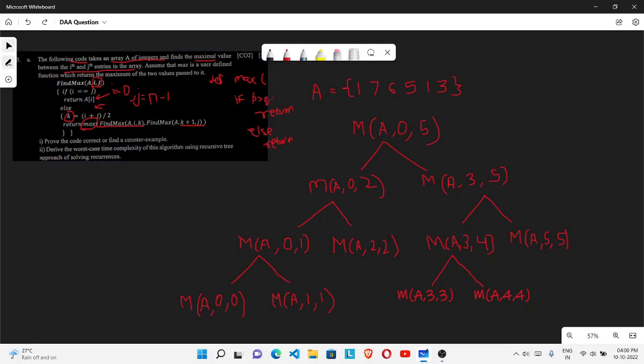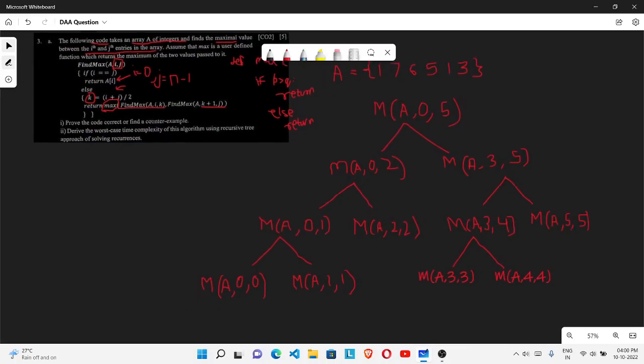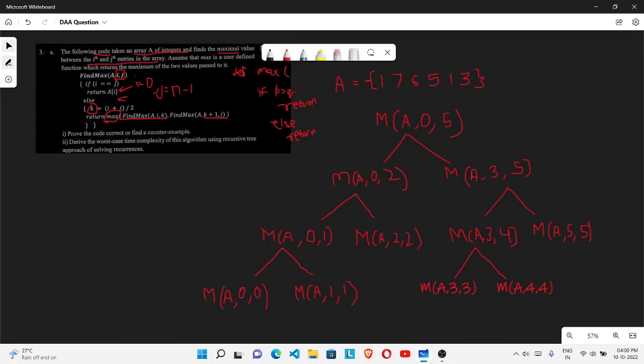By the way, I forgot to mention that I am considering this find max as m. I'm sure you would have noticed anyway. So m of a, 3 and 5. Then this 0 to 2 again gets further divided. Now i will be 0 and j will be 2. So k becomes 1.